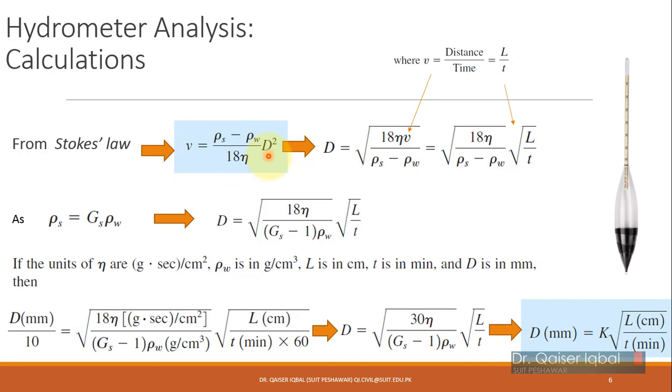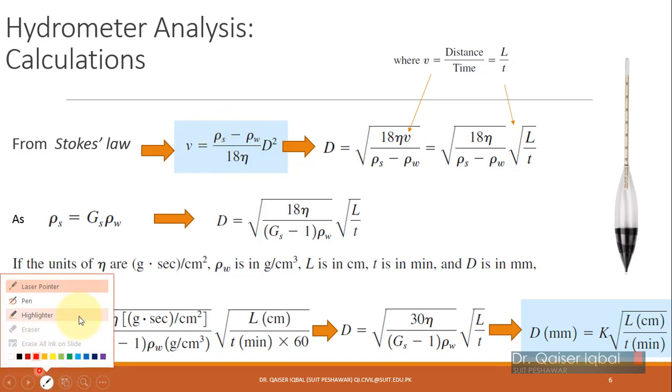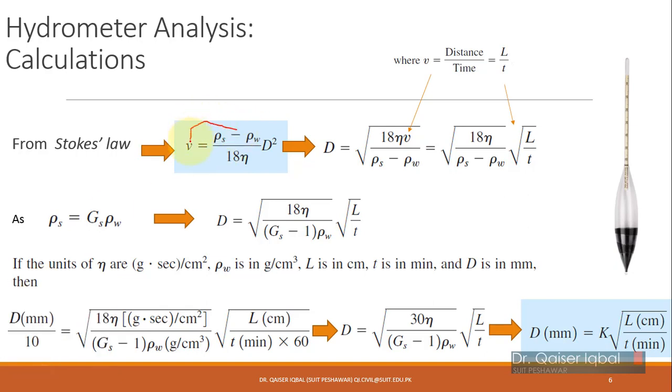Now we want to determine the particle size d, so we will take this density and viscosity to the other side of the equation. Because this is d square, the other side will be placed in the square root as well if we are to write d. So we are taking the square root of both sides.